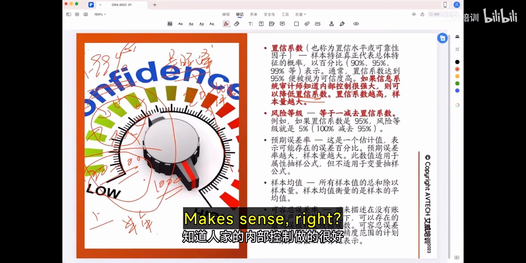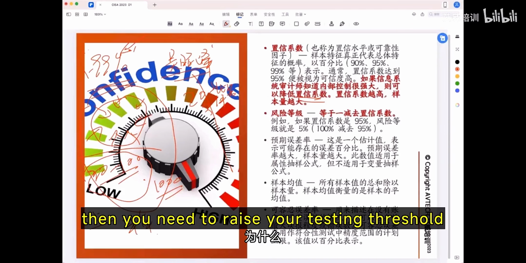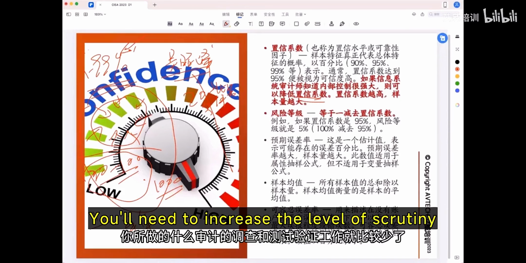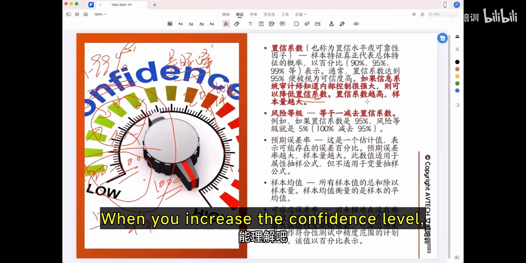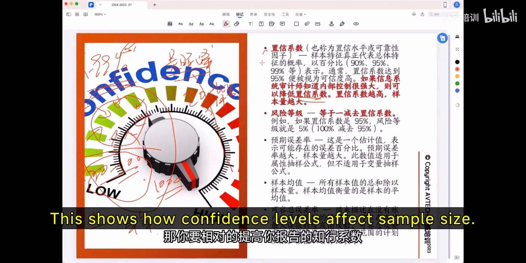Makes sense, right? On the other hand, if you find weak internal controls, then you need to raise your testing threshold to ensure report reliability. Wouldn't you agree? You'll need to increase the level of scrutiny. When you increase the confidence level, the required sample size increases substantially. This shows how confidence levels affect sample size.